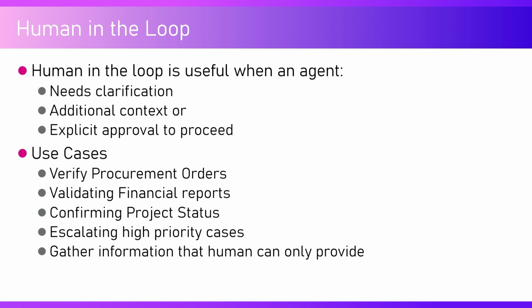Now, what are the different use cases for it? Think about a scenario of procurement orders. Say you usually receive an order ranging between 1,000 to 5,000 units, and suddenly you receive an order of 1 million units. Whether to proceed or not depends on the outlier. If you encounter an outlier, it is always advisable to send it for human intervention and check whether that particular action is correct or not.